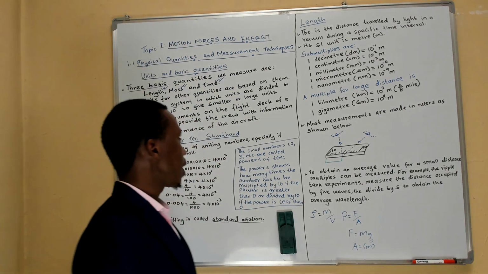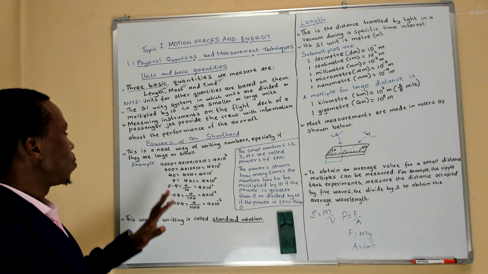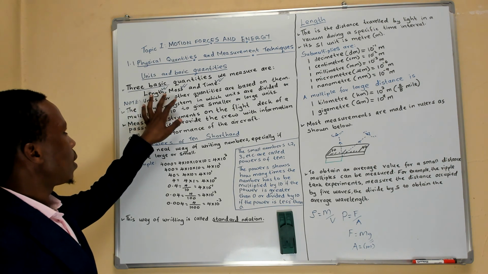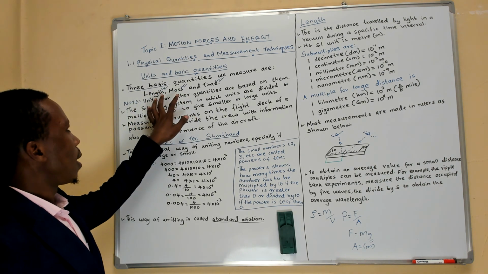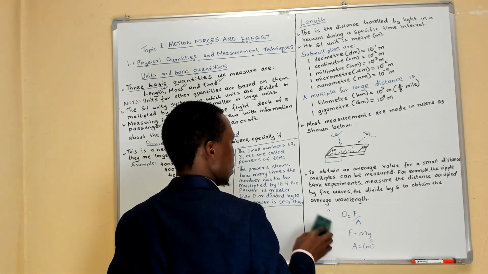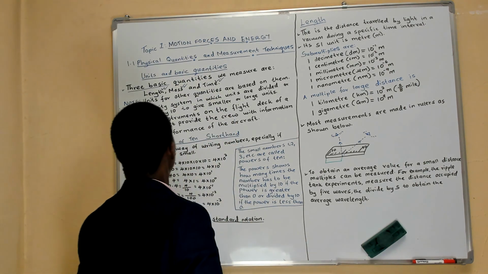So that's why we are saying that the basic quantities that we will be discussing here are just three, which are mass, length, and time.